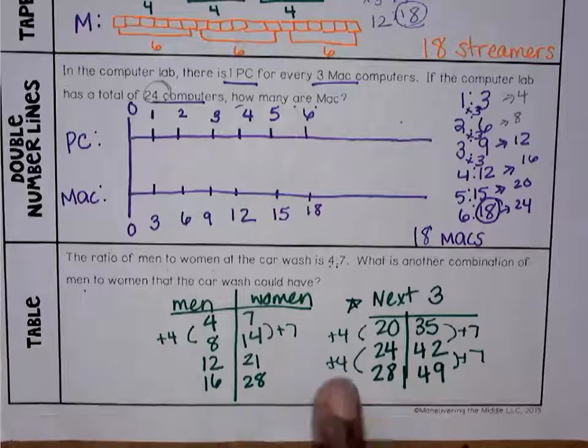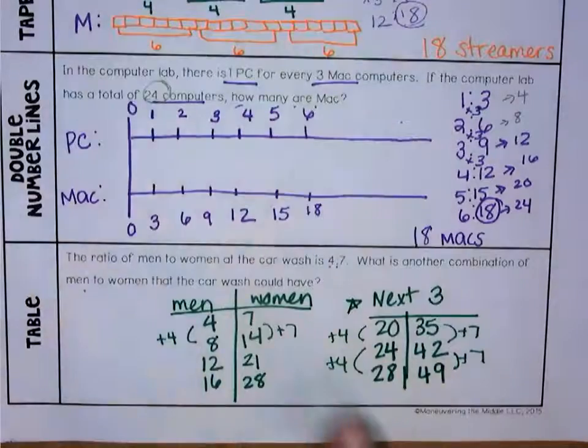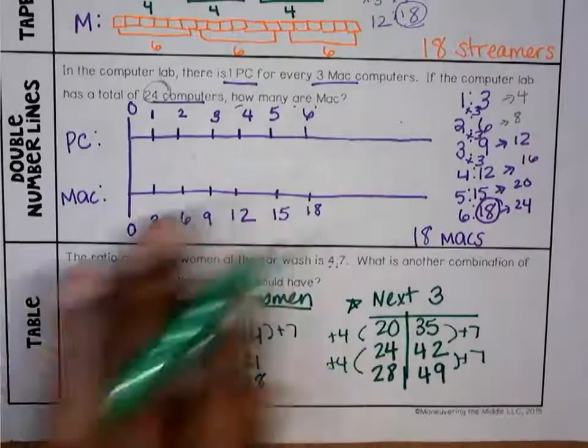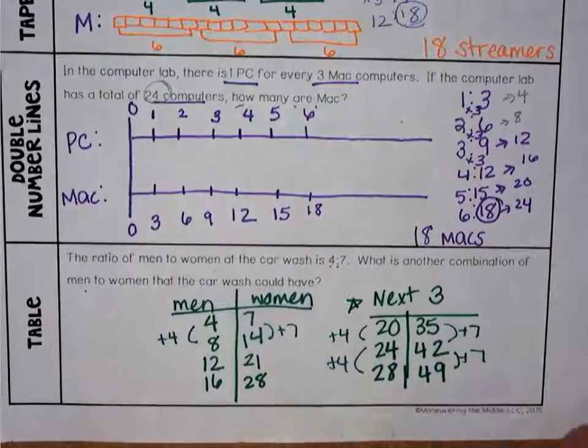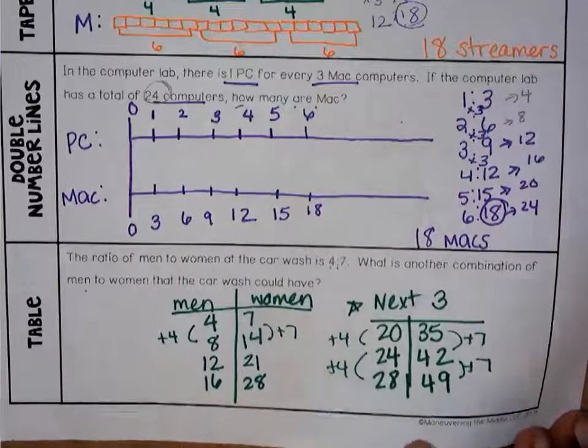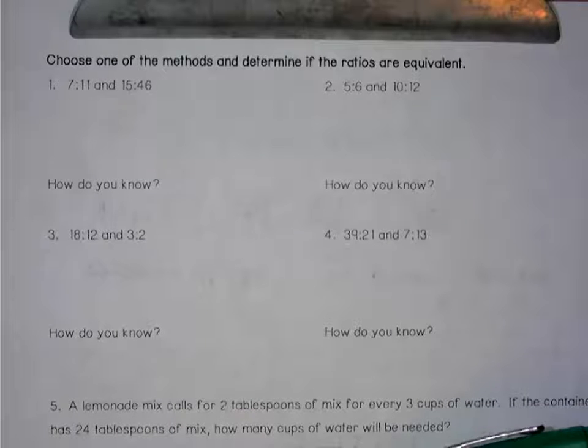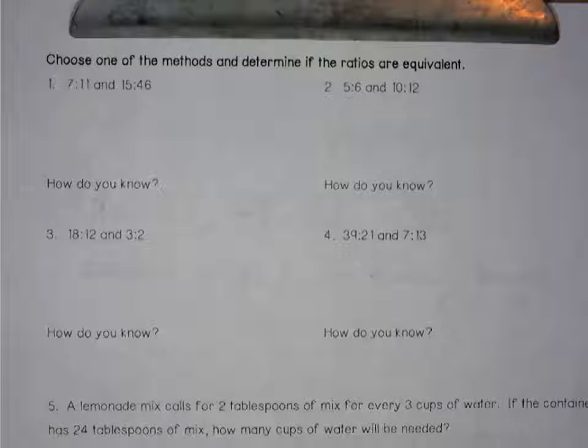All right, tables are really simple. I think tables and tape diagrams are the easiest. Double number lines are okay, but it requires you to make sure that your tick marks are on target for each other. So turning on the back, it says choose one of the methods and determine if the ratios are equivalent.